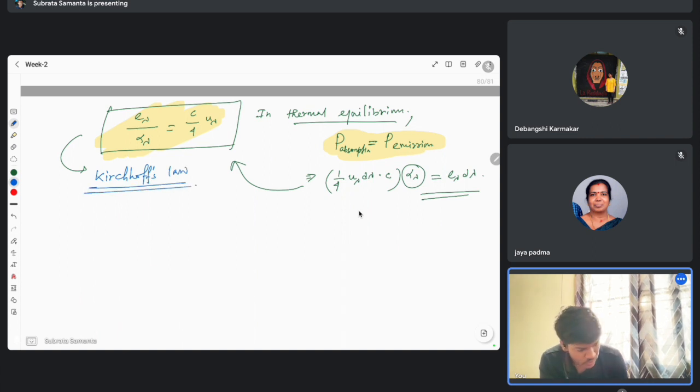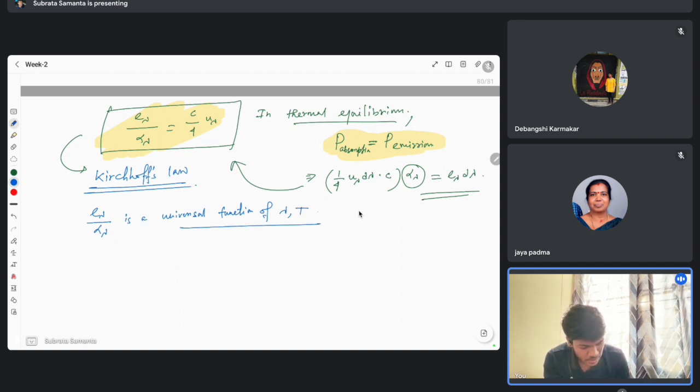Kirchhoff's law tells us that E lambda over alpha lambda is a universal function of lambda and T, and u lambda is a function of T, proportional to T to the power 4.